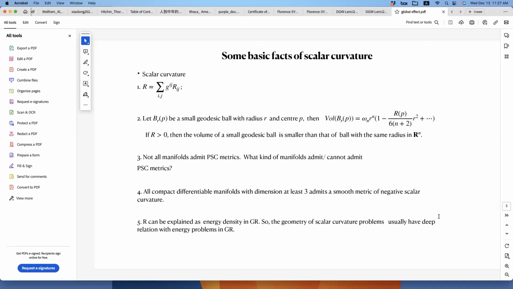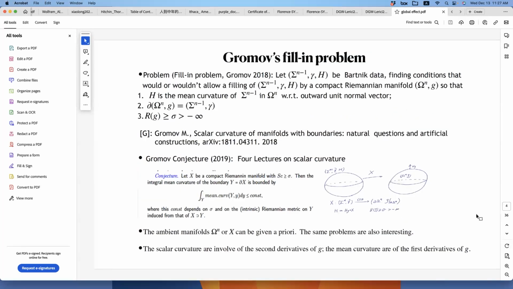Now, let (Sigma, gamma, H) be a triple, where Sigma is a differentiable closed manifold, gamma is a Riemannian metric on Sigma, and H is a smooth function, which will serve as mean curvature later.